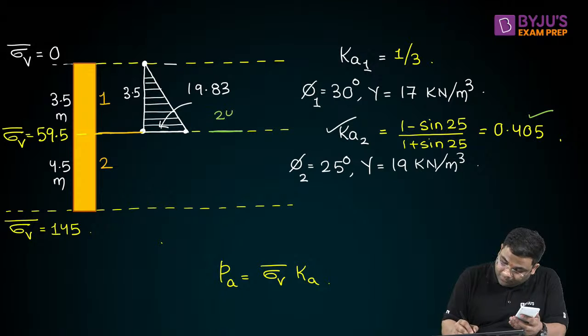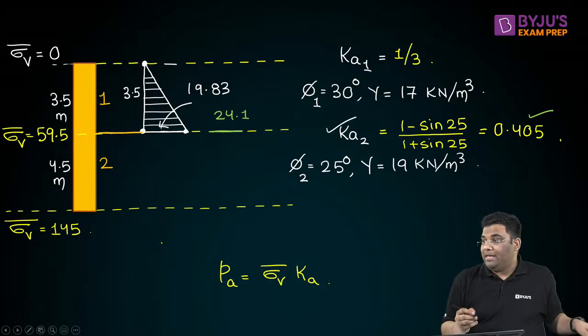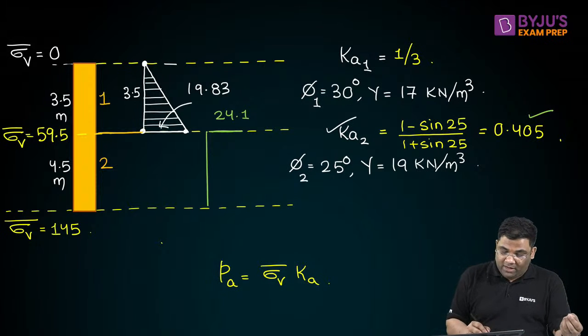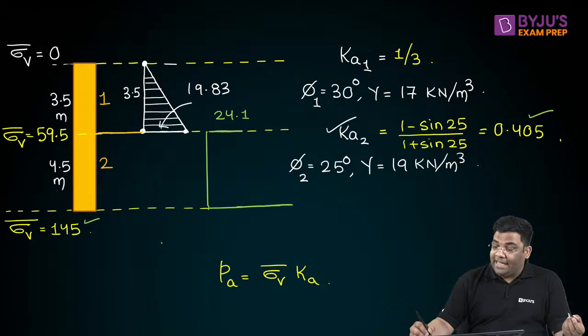24.1. Now at the base of the second layer, what will happen? If I am seeing the base of the second layer, the vertical stress is 145, and the Ka is this.